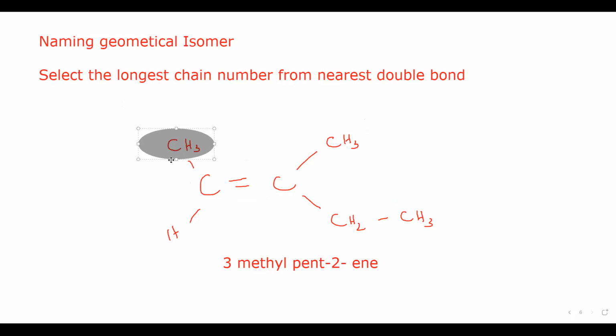Between CH3 and hydrogen, CH3 is heavy. Then the other one is CH2CH3, so this one is heavy. So heavy groups are on the opposite side. So what do I call this, trans or cis? We call that trans, or we can also say it is E. So we will write E-3-methylpent-2-ene.